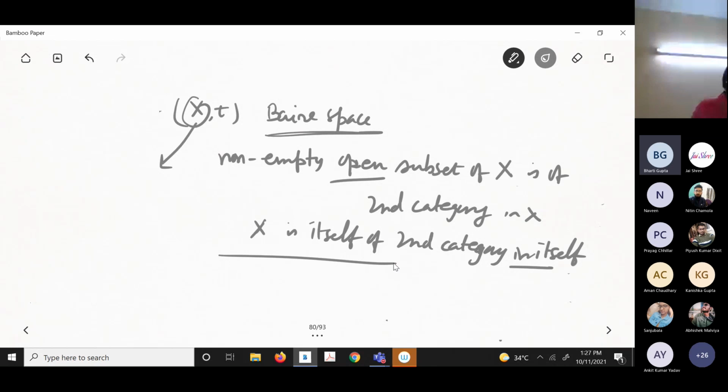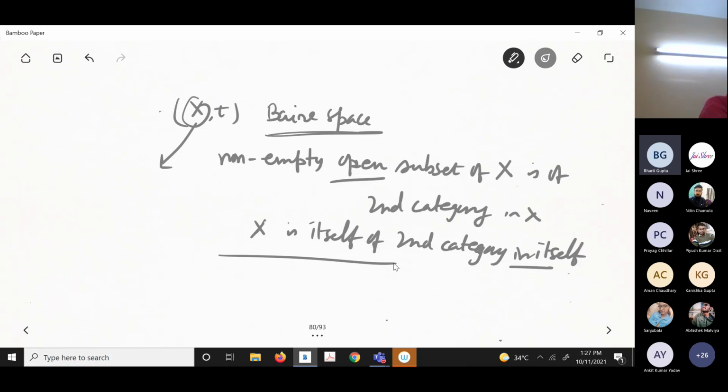Okay. Well, let me tell you that theorem 4.2 actually is a very basic theorem while dealing with Baire spaces. Okay, I'm not going to prove it. You should read the proof, but I will be using this thing. In theorem 4.2 I have given 4 equivalent conditions of the Baire space.